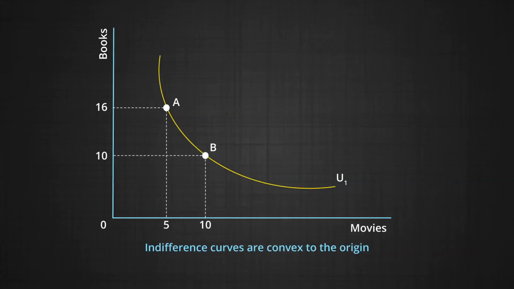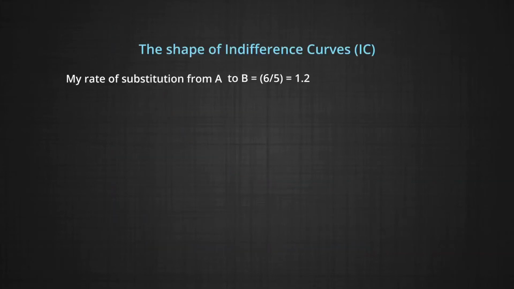If I move to point B, I can consume 10 movies and 10 books with the same amount of total utility. And this is important. The total utility hasn't changed. I have given up 6 books to get 5 more movies. My rate of substitution from A to B, therefore, is 6 divided by 5, which equals 1.2.